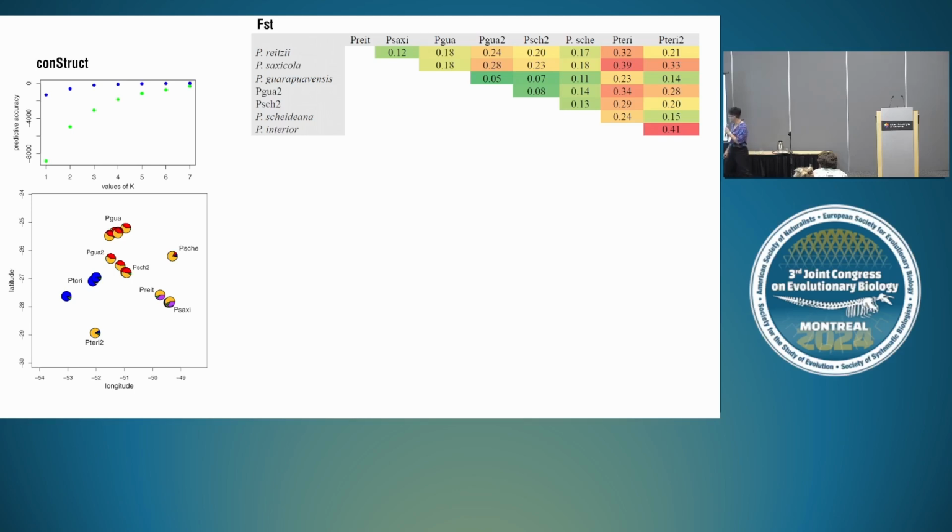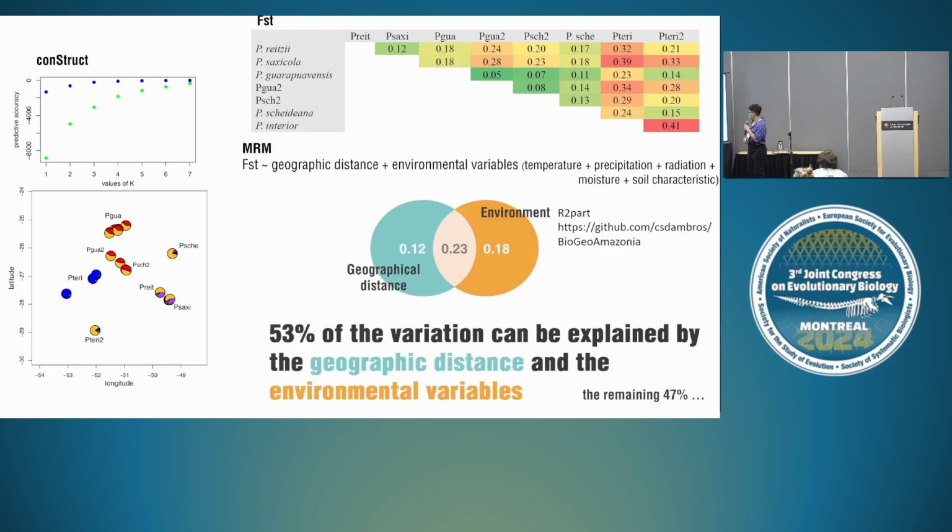the sites are very structured. And I searched for how much of this geographic information was important to the variation. And I found that 53% of the variation, the FST, could be explained by geographic distance and environmental variables.